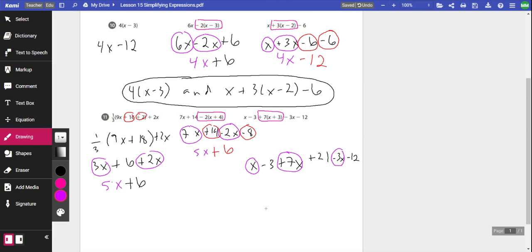So 1 plus 7 is 8 plus negative 3 is 5. 5x. Looks good to match these other ones. Then negative 3 plus 21 plus negative 12 would also be positive 6. So figure out which ones are equivalent, if any. The answer to this problem is all are equivalent.